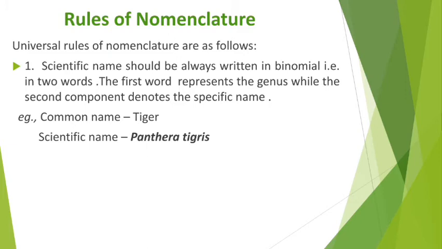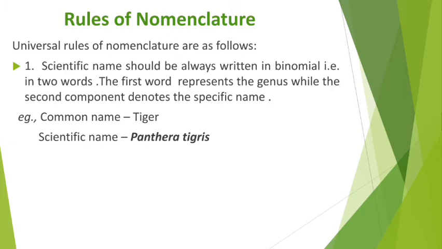Can you see here the two words are used to express the scientific name of tiger. Clear? So Panthera is denoted as the first word and it is the genus. Clear? And tigris is the species name or the specific name. Now genus is Panthera and tigris is species name.